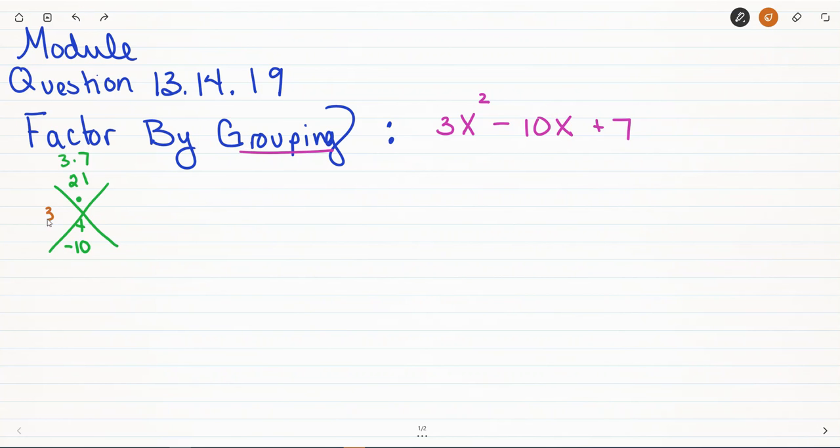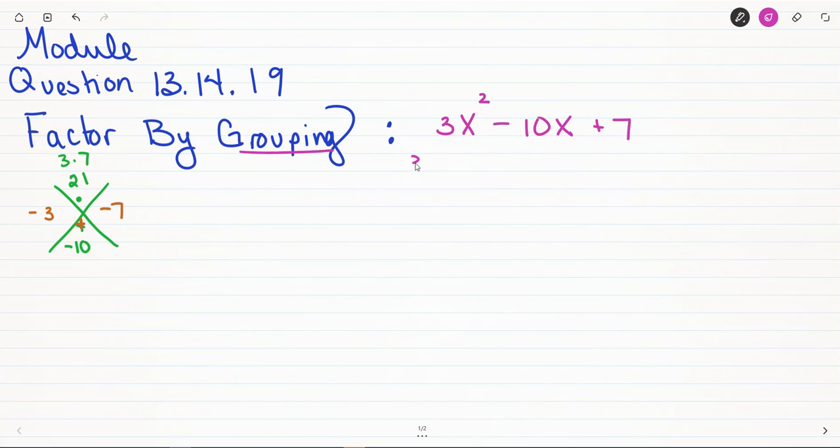You might think 3 and 7, and that's right. We just need to make them both negative because a negative 3 times negative 7 is positive 21. Negative 3 plus negative 7 is negative 10. So those are in fact the right numbers.